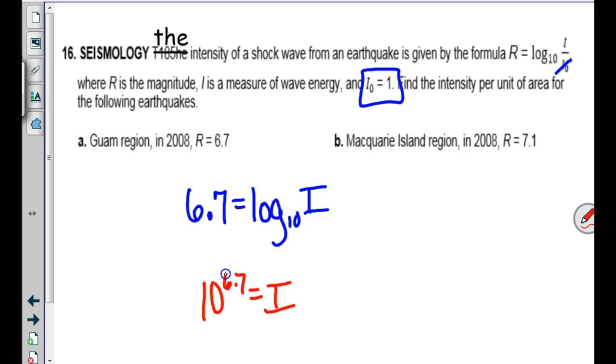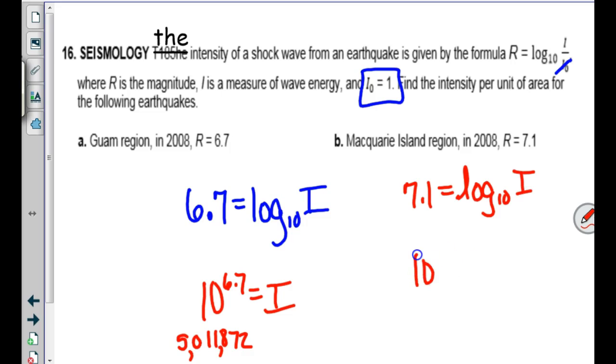All right, and that's not a nice number. 10 to the 6.7 is 5011872. So 5 million something. Okay. The intensity of the shock wave, and what would we do over here? Yes. So 10 to the 7.1. So even though this one is not even 1 bigger, is the magnitude or the destructive power much greater?